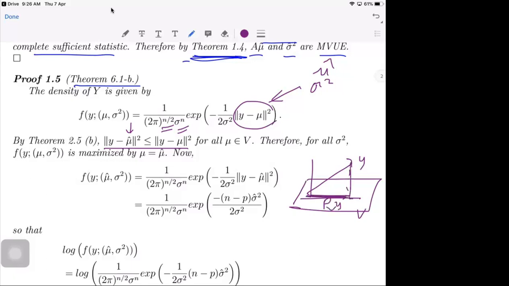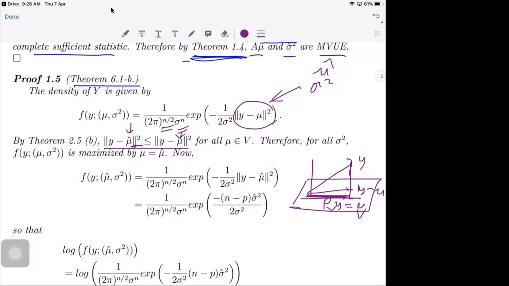For any competing value of mu, mu hat is the closest that you have, so the square norm or the distance will be less than or equal to the distance of any competing difference, say y minus mu.